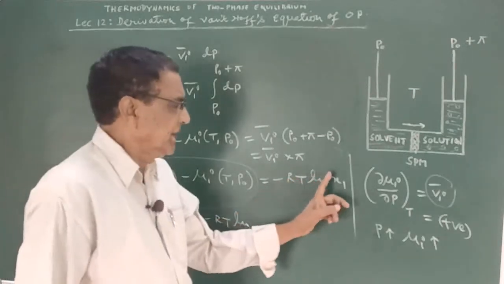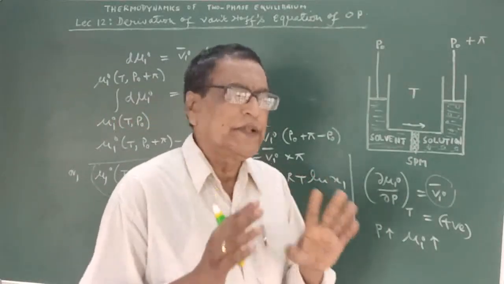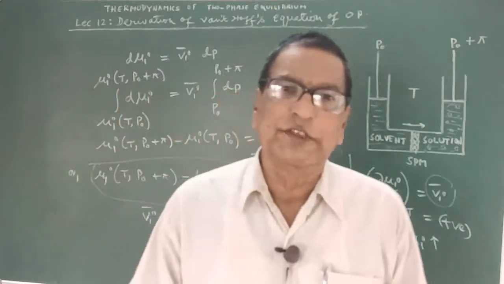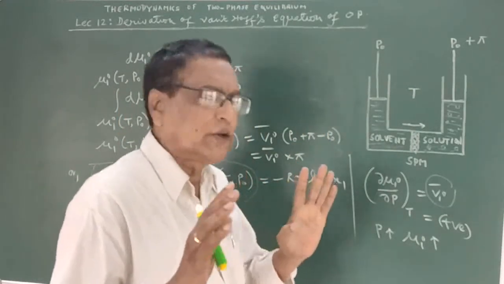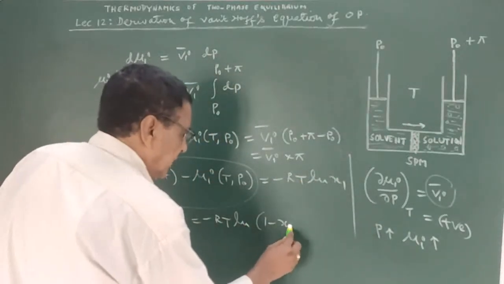Instead of writing x1, it is very usual to express the concentration in terms of the mole fraction of the solute. And we know x1 plus x2 equals 1, so instead of x1, we can write 1 minus x2.